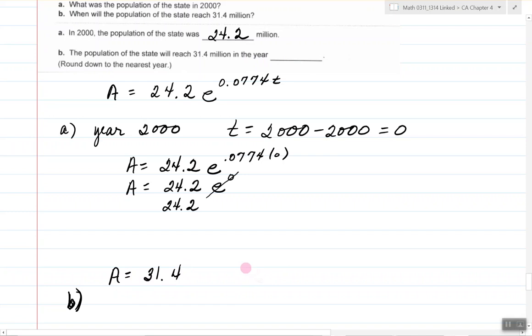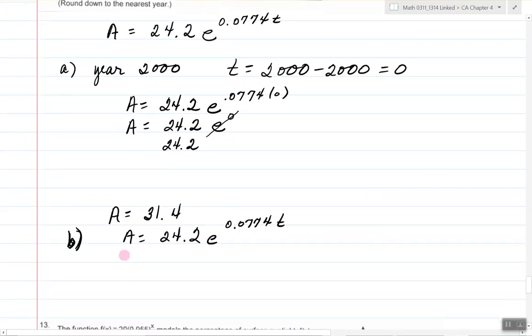So we have A is equal to 24.2 e to the 0.0774 t, and the value of A in this example is 31.4 is equal to 24.2 e to the 0.0774 t.